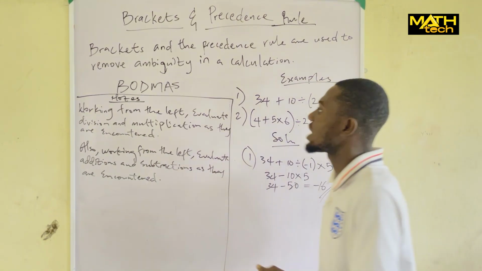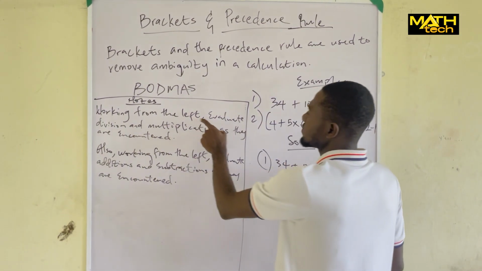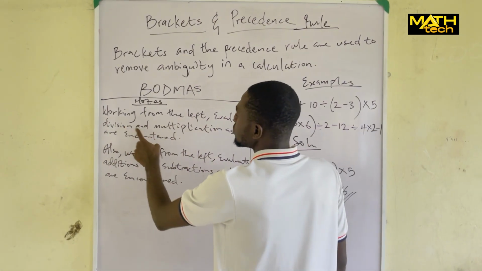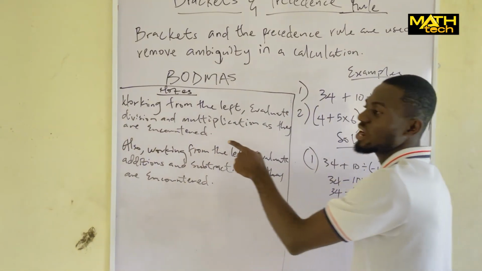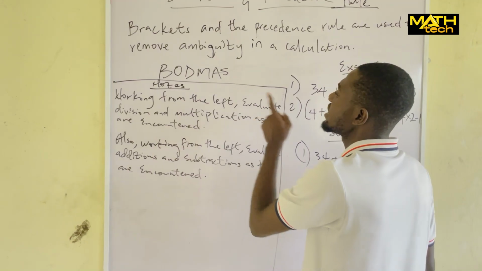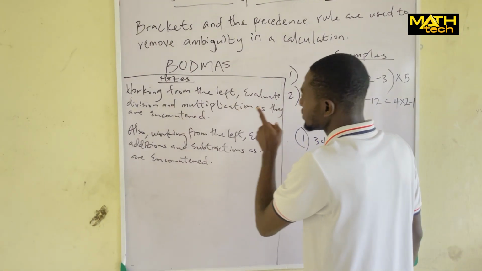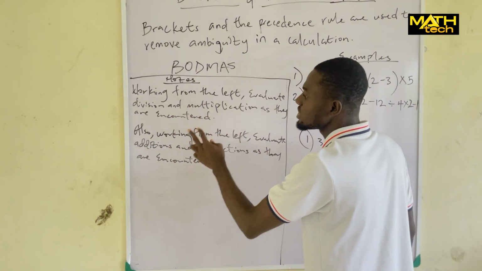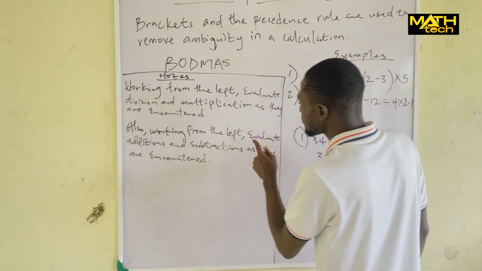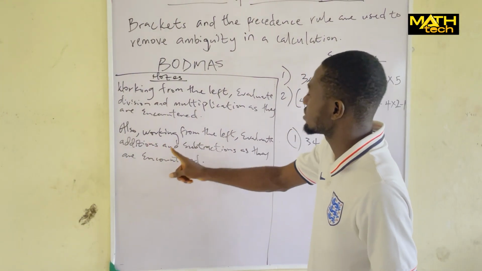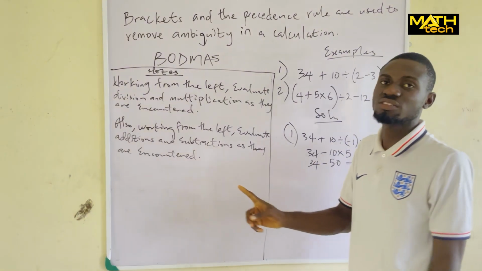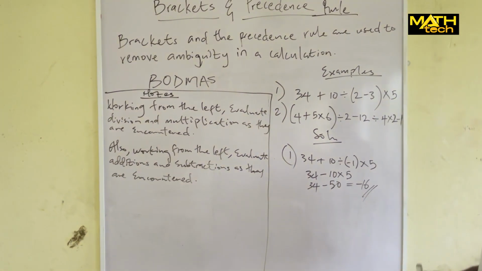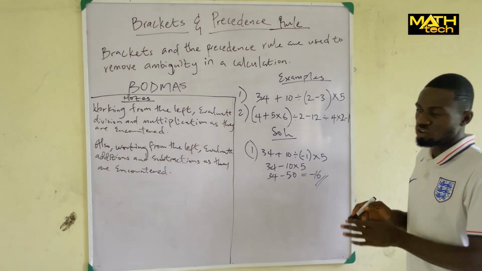But also note this: working from the left, evaluate division and multiplication as they are encountered. Also, working from the left, evaluate additions and subtractions as they are encountered. So you must note this. Then let's move over to solve the second question.